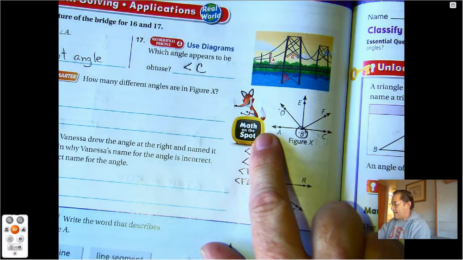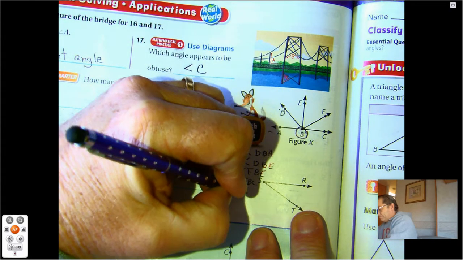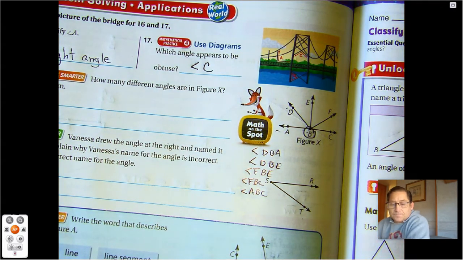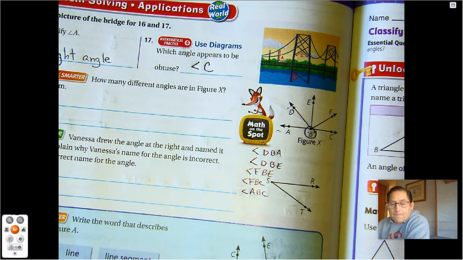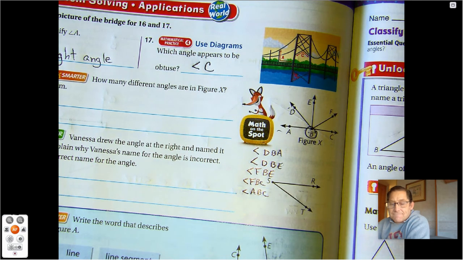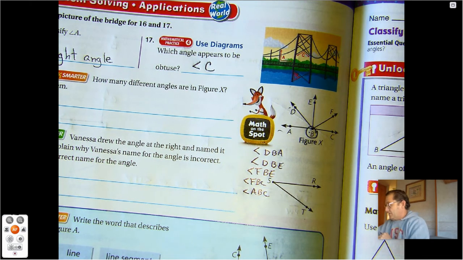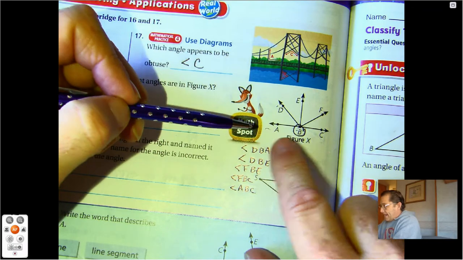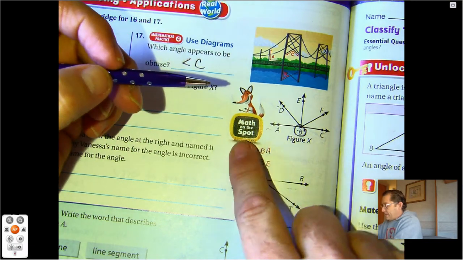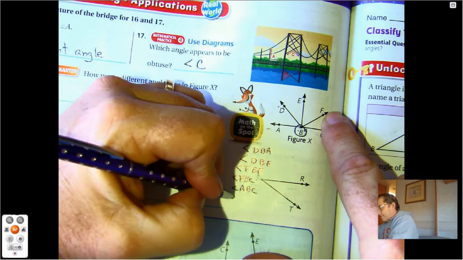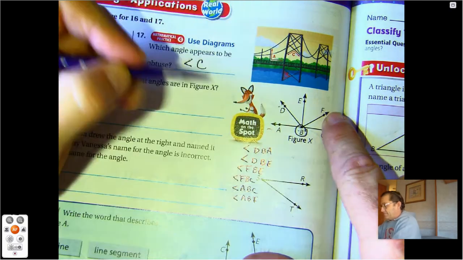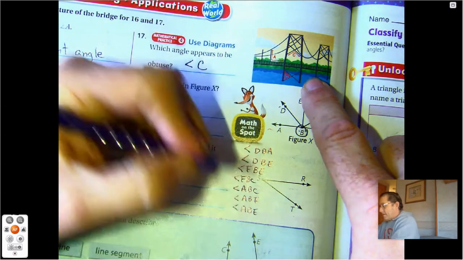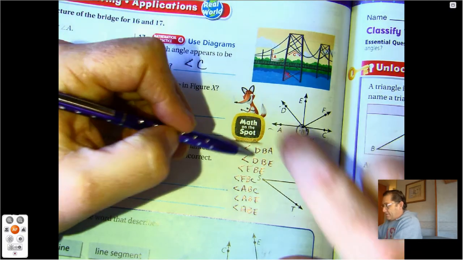I have straight angle ABC. Okay. What other angles are there? So now, I don't have angle ABF, right? ABF, ABE, ABD. We do have that, ABD.